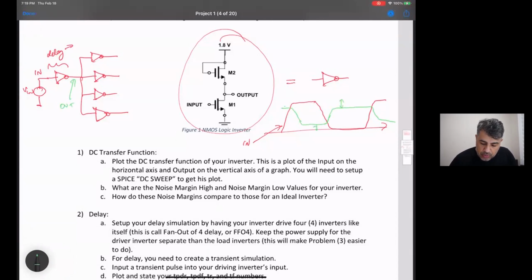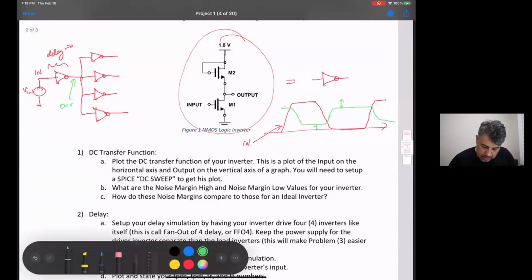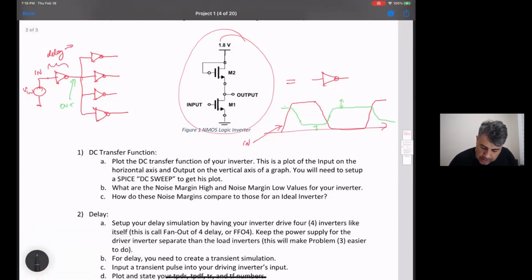Okay, so we have some delay parameters here. From this 50% point to this 50% point is called T propagation delay falling, I guess. Yeah, falling.